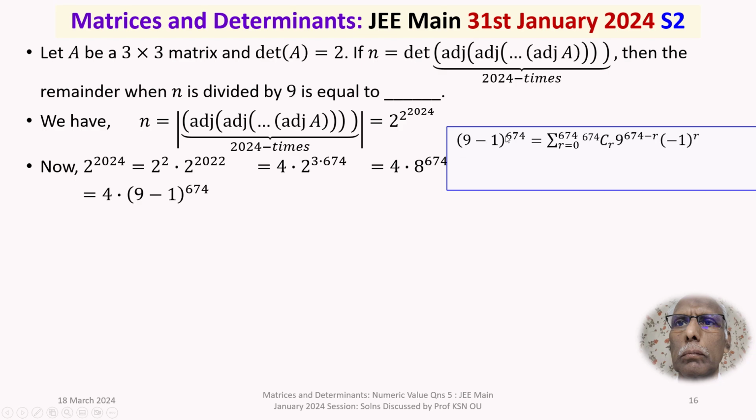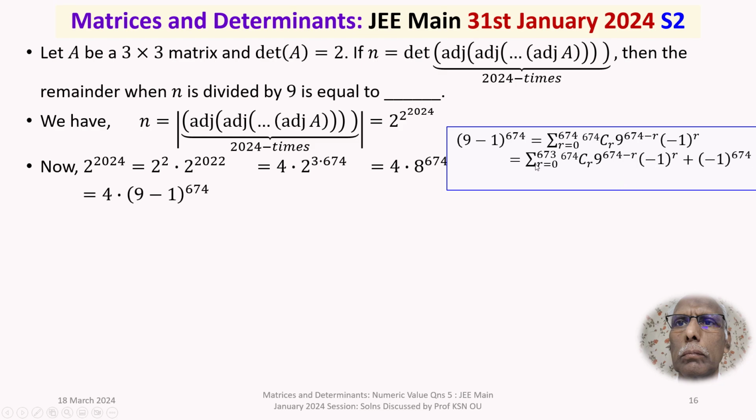9 minus 1 to the power of 674 is equal to sigma r is equal to 0 to 674 of 674 CR into 9 to the power of 674 minus r into minus 1 to the power of r. So write this as, take out the last term.